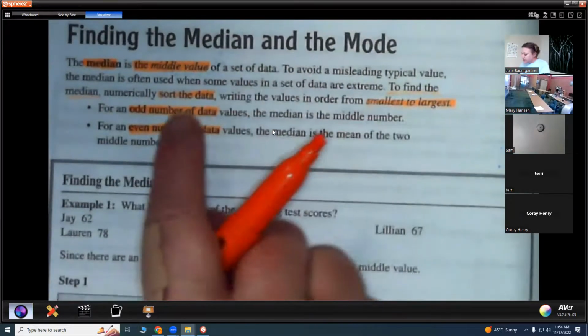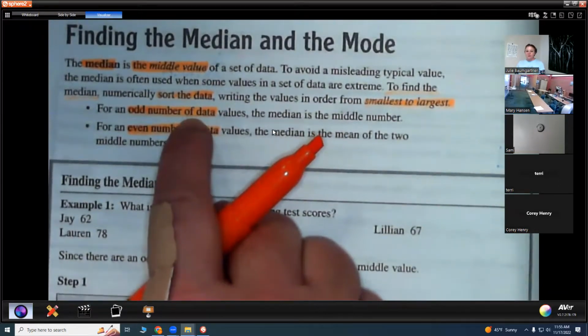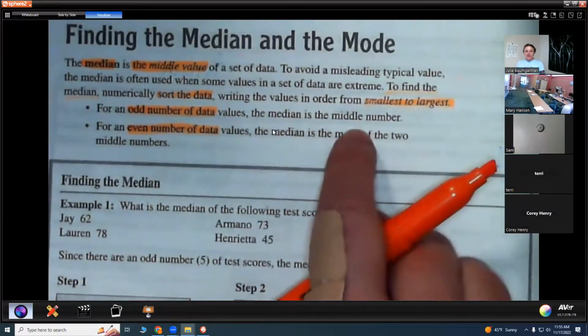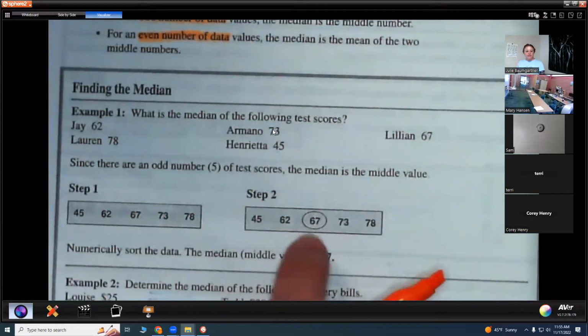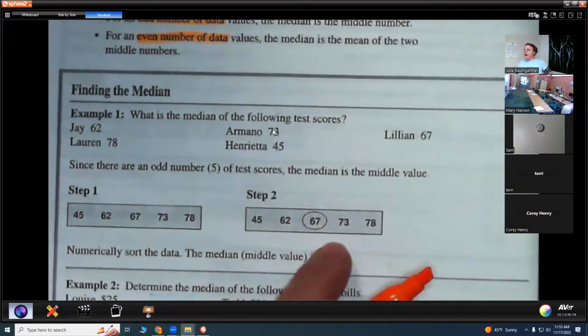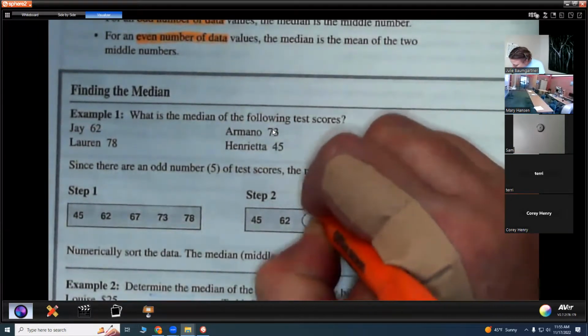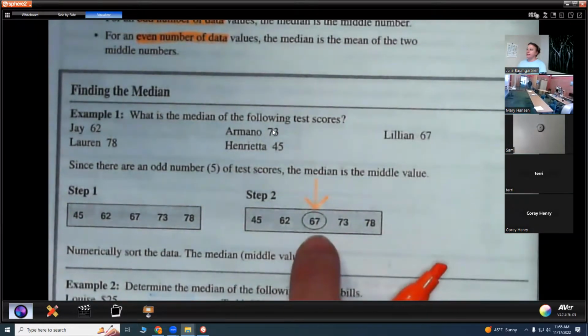The median is easy when we have an odd number of data values because it's just the middle number among the values, like we see here. So we have an odd number, we have 5 pieces of data, and the middle number among the 5 is our median.